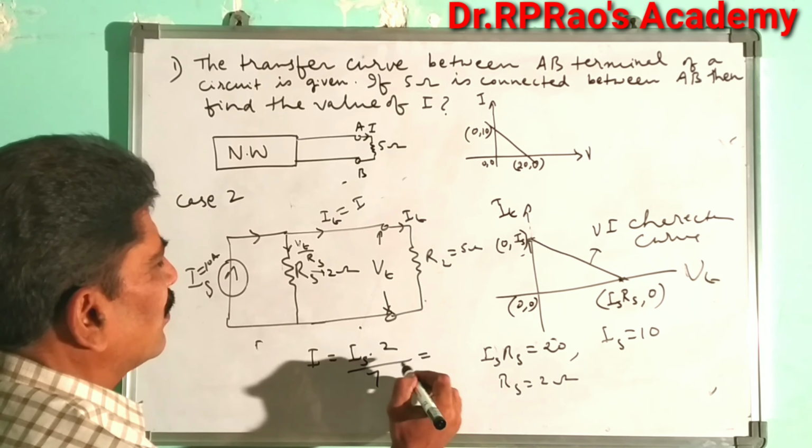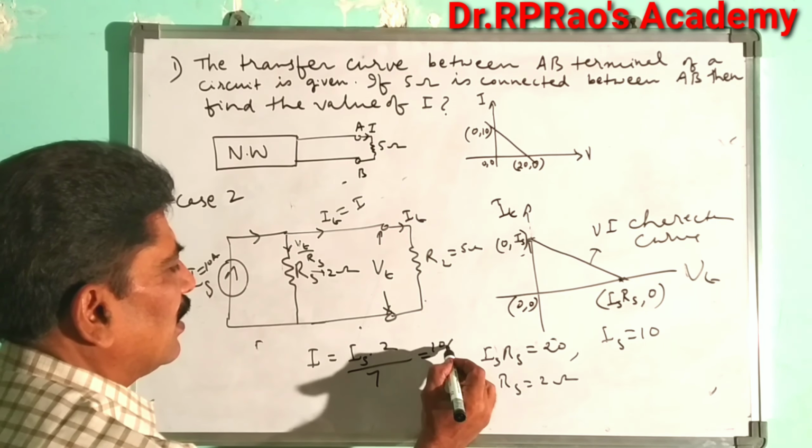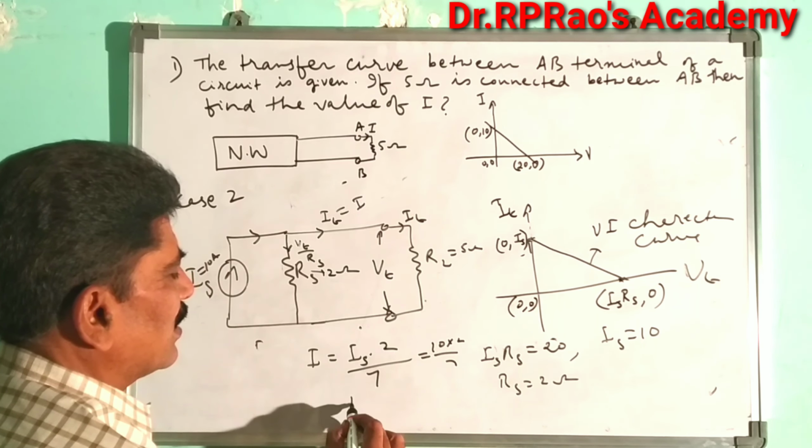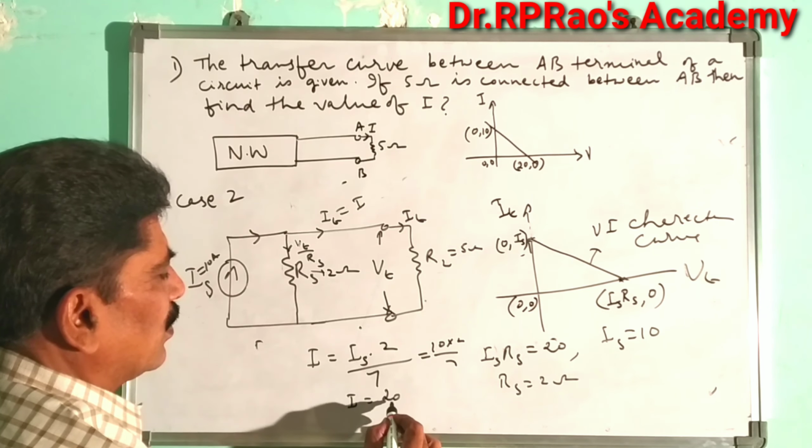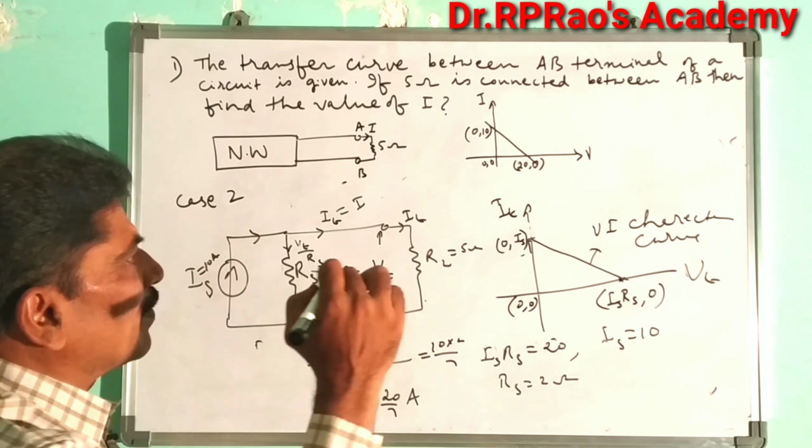What is Is? 10. So 10 into 2 by 7. We got the same answer here also, no? 20 by 7 amperes.